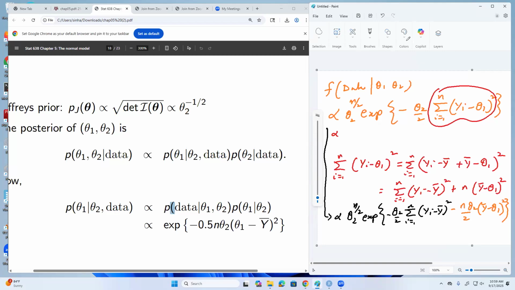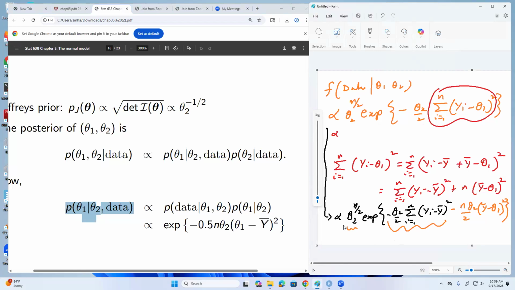now keep in mind, what am I interested in here? I'm interested in the posterior distribution of theta 1 given theta 2. Therefore, I will ignore this term, because this does not involve theta 1. Likewise, this does not involve theta 1.